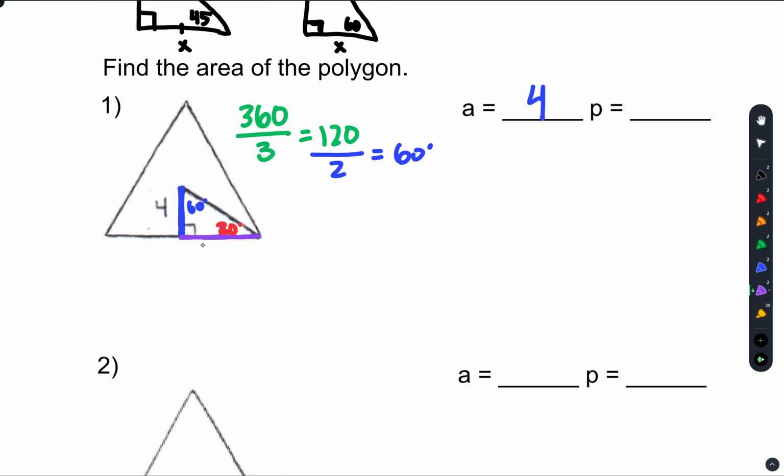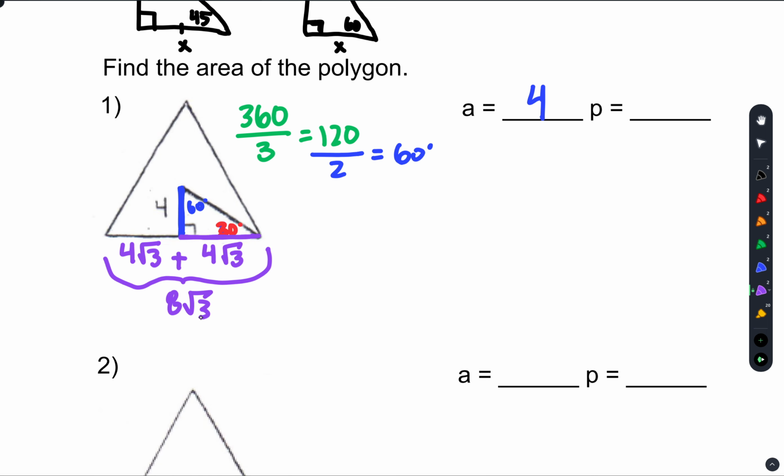I'm going to take my short leg and multiply it by radical 3. That apothem is literally cutting this base in half. So the other half of my base is also 4 radical 3, which makes one full base of this triangle 4 radical 3 plus 4 radical 3, or a total of 8 radical 3.